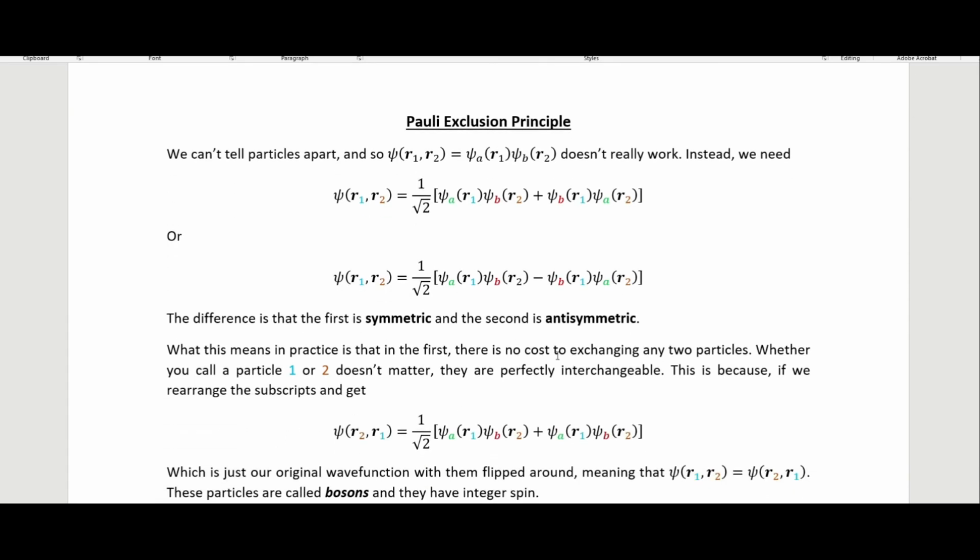And so the big take-home message, and probably if you've ever taken a chemistry class, the thing you know about the Pauli exclusion principle is that particles in an atom can't have all of the same quantum numbers.